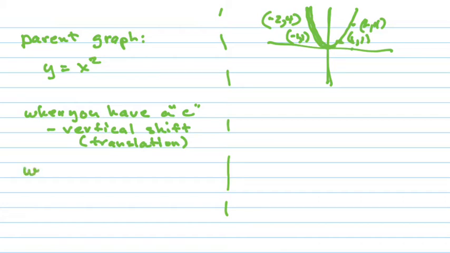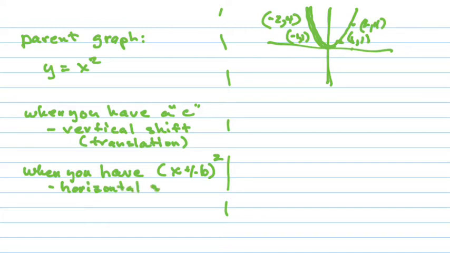Then, and we're going to look at lots of examples of these, when you have x plus or minus b, and it's always squared, the bracket's always squared. All right, when you have that, you get a horizontal shift. So in other words, your B is going to move it right or left.